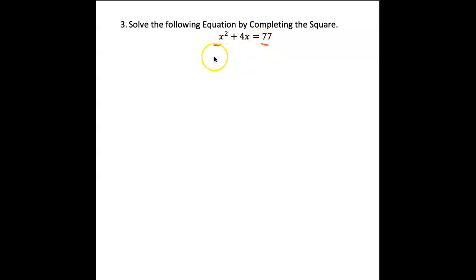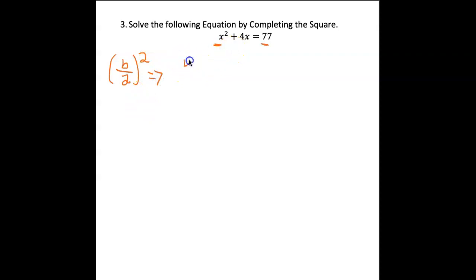So because the first step and the second step are already done, we move on into the third step, which is to take the middle term. I'm going to write it here. Take the middle term, divide it by 2, and square it. Okay, so this is what I'm doing.